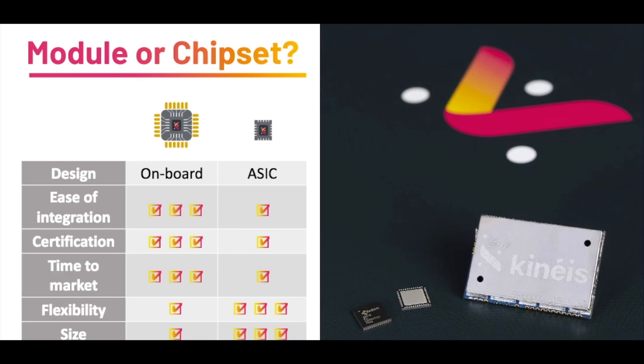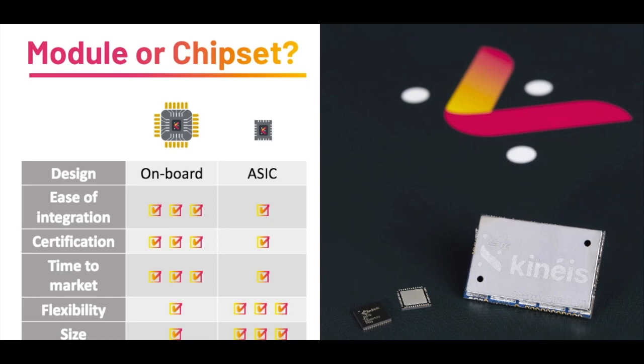But the advantages of the chipset would be flexibility, because it allows to make a custom design, for example, adapted to a smaller size or adapted to a specific transmission power that we want to achieve.